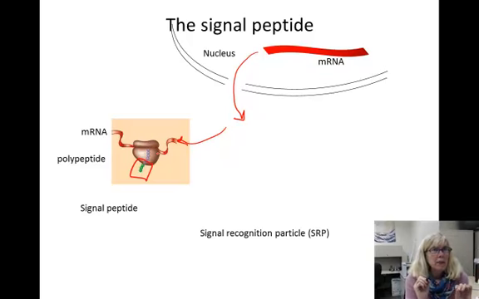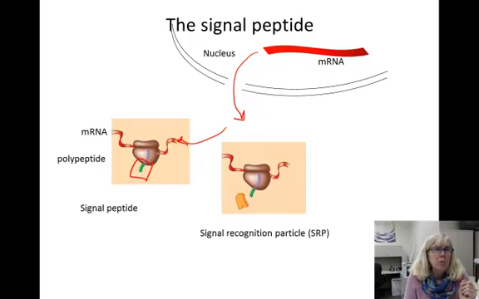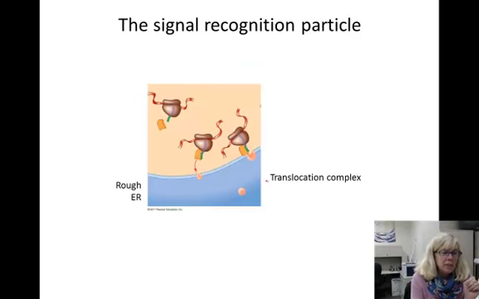These amino acids favorably match with a pocket in another molecule called a signal recognition particle, or SRP, shown here. The SRP binds to the signal peptide, and this complex is then escorted to the rough ER.